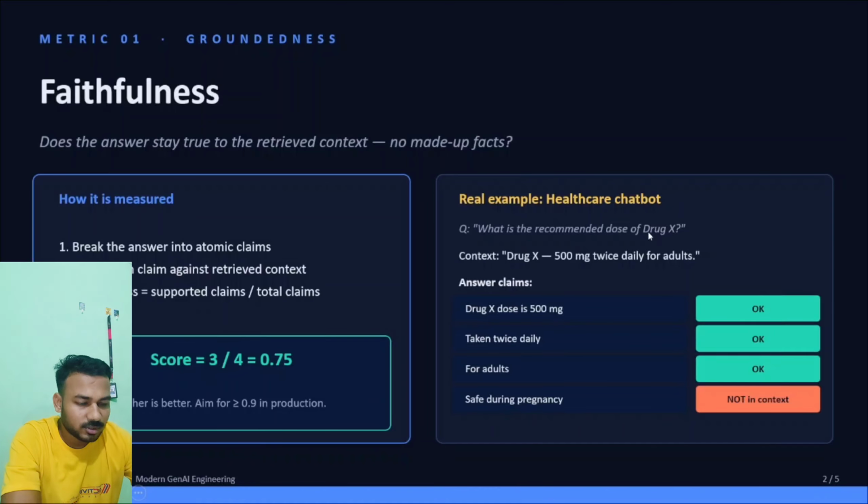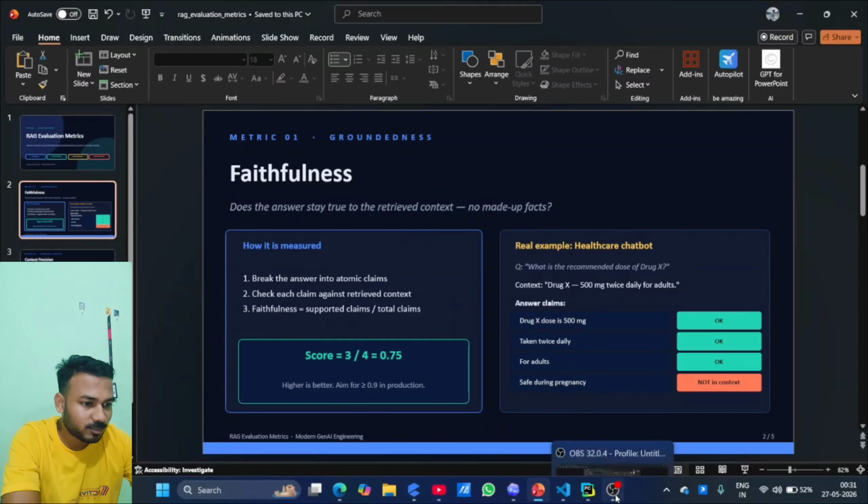And the answer the AI generated is: drug X dose is 500 mg taken twice daily for adults, safe during pregnancy. From the answer you can see that the first 3 claims are correctly captured from the context, but for the fourth one, safe during pregnancy, the LLM partially hallucinated. This information was not provided in the context, but the AI provided that answer.